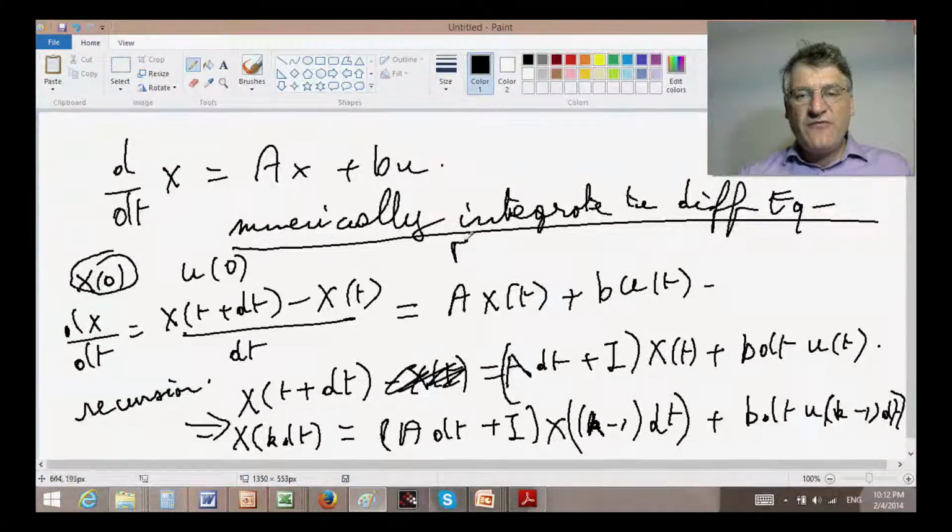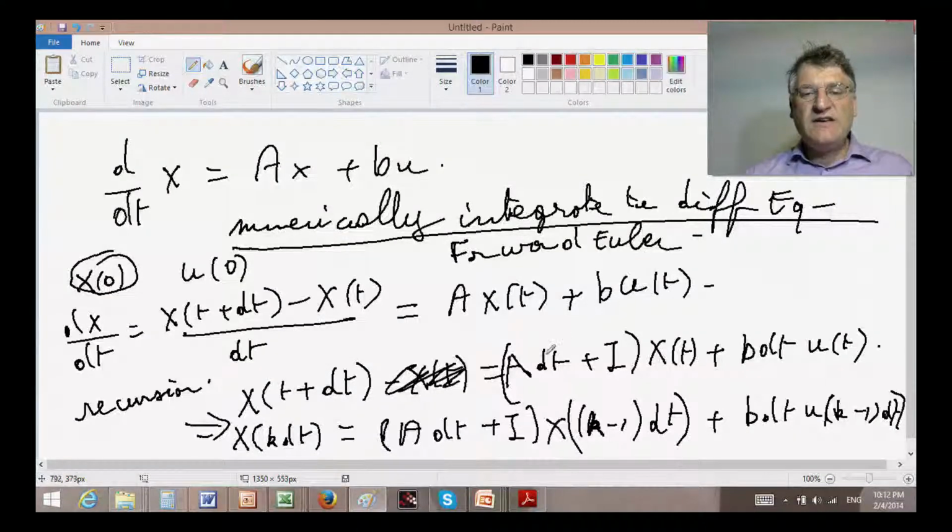In this case it's named forward Euler, and it is not the most accurate integration method. For one thing, this approximation of the derivative is kind of rough. You want to work with better approximations of the derivative in order to obtain things that are better than forward Euler.